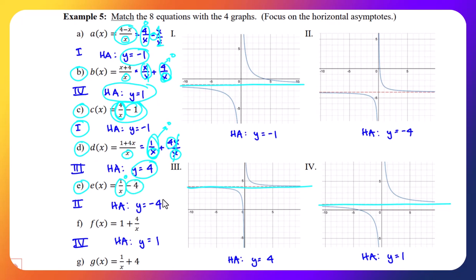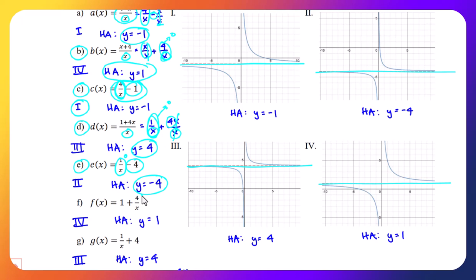Our horizontal asymptote is -4 because it approaches -4, and that's, again, choice 2. Again, already broken up for us. That's going to approach 0 because x gets bigger and bigger and bigger. Our horizontal asymptote is 1, and that's choice 4.